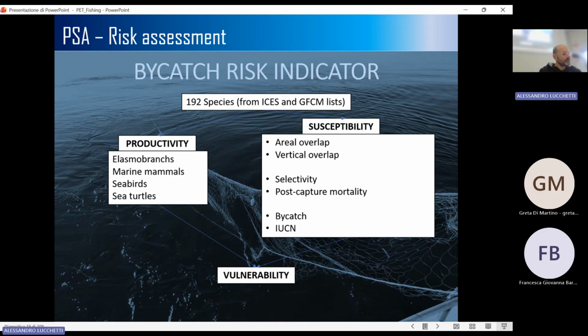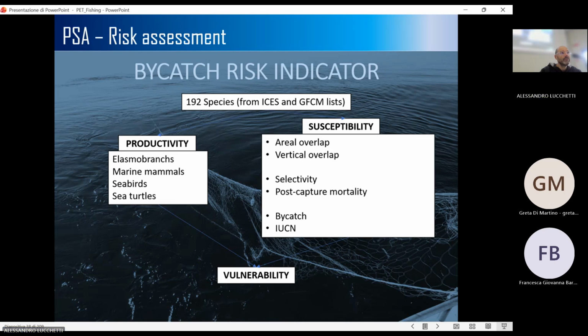Dealing with bycatch is even more complicated because even if sometimes some types of bycatch is quite common, it remains a quite unusual phenomenon. Therefore, we can approach this problem with a risk assessment.